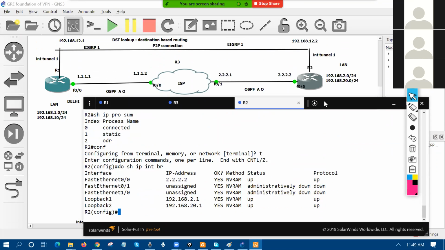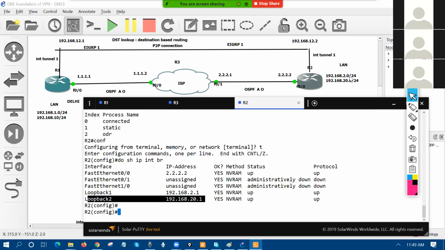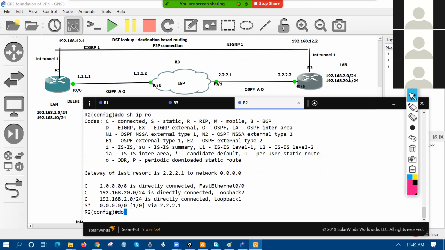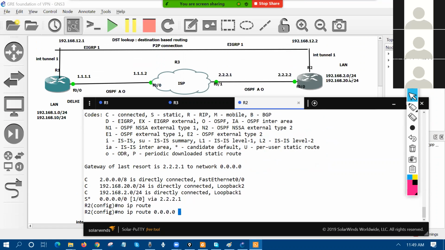Can you see we have 2.2.2 configured on this interface, right? And we have 2.0.0, 2.1, that is this guy, and 20.0, that is loopback number 2, right? LAN information. So if you do show ip route, maybe I have a default route. So let's remove the default route because I'm interested in running OSPF right now.